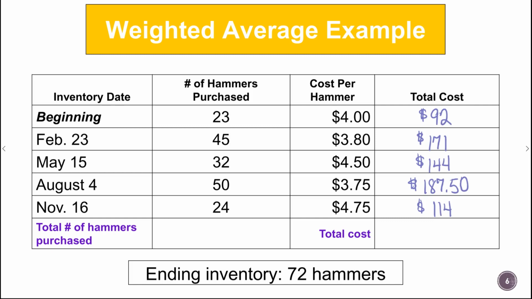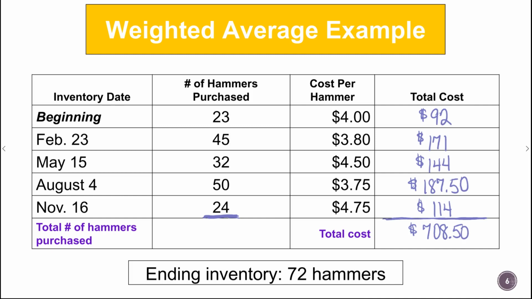And then we're going to find our total cost, right? So right here, we're going to add those all together. And then we're also going to add these all together because we need both of those completed. So the total cost of our inventory for that year is $708.50.